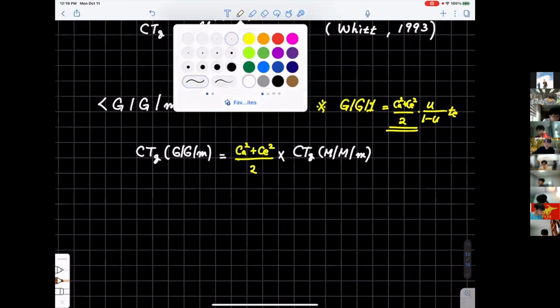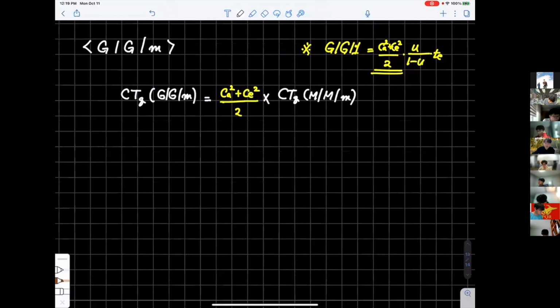So the final result of Ctq for GGM can be calculated like this.